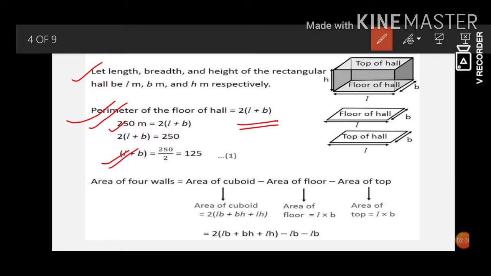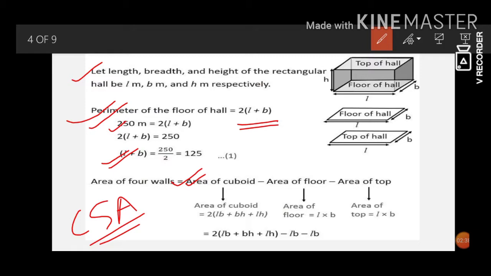Now the area of the four walls is needed, as the cost of painting such four walls is given. So either we can use the CSA, that is the curved surface area formula, or we can use the area of a cuboid and subtract the top and the bottom, that is the floor and the top, the ceiling of the rectangular hall.